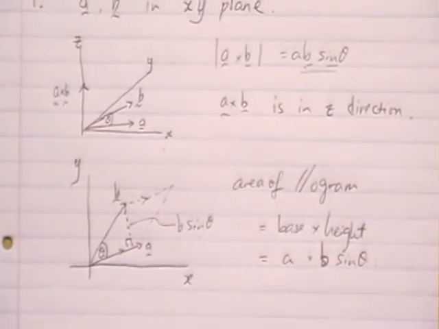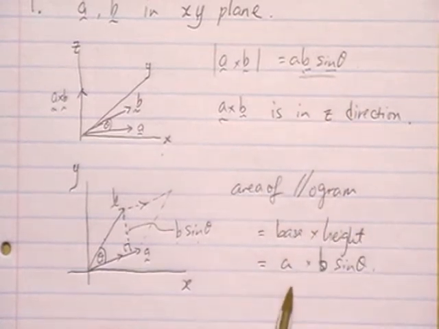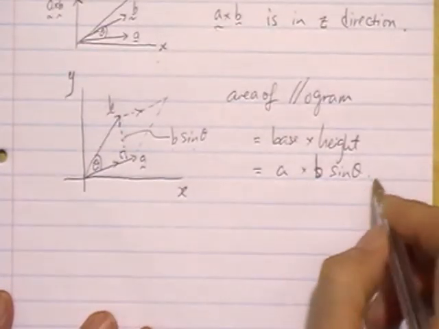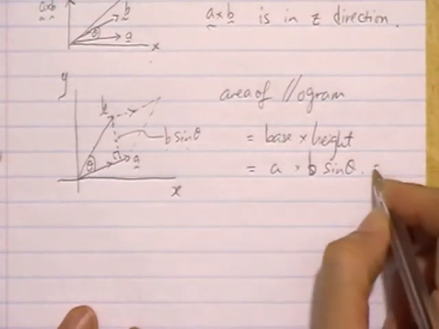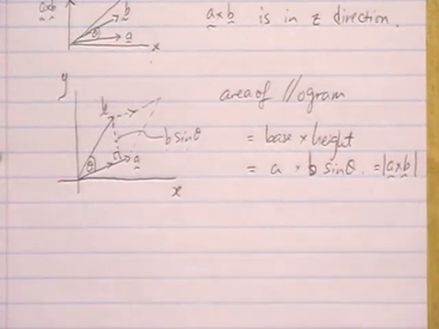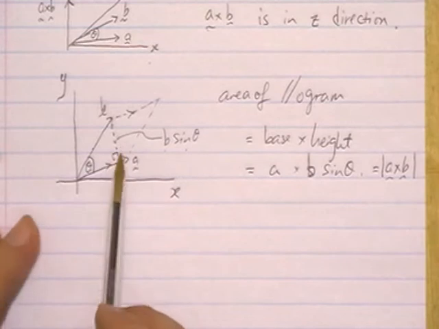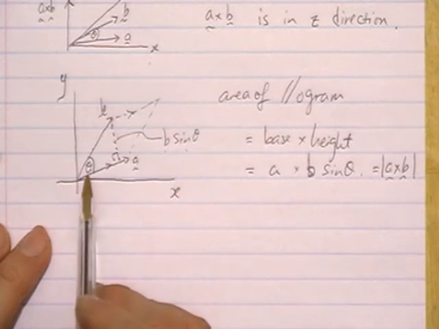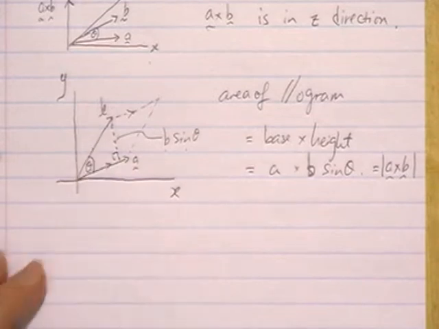And if you look back at the magnitude of the cross product, we see that this is exactly the magnitude of the cross product. Okay, so this is magnitude of A cross B. So in this simple way, we now have a physical or geometrical meaning for the cross product. It's the area of the parallelogram formed by vector A and vector B.